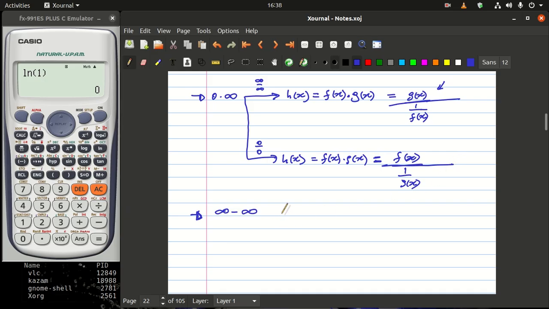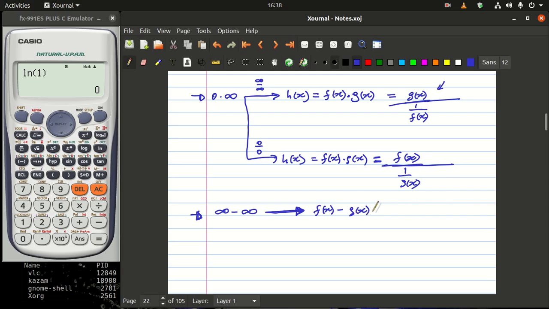I'm going to show you this, because some people usually say that you do this, but it has its shortcomings. I will tell you now. So this means that you have some function f of x minus some function g of x.